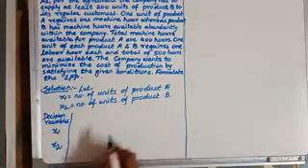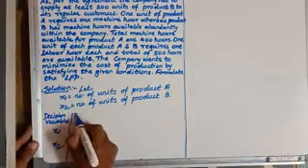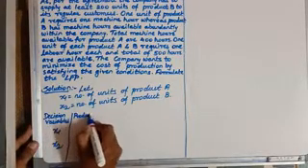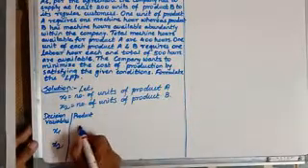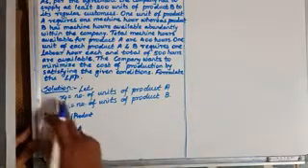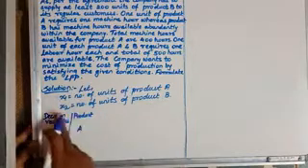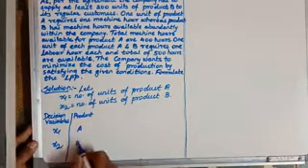Now the second column is again of products. How many products are there? Two products, product A and product B. So x1 is related with product A, x2 is related with product B.